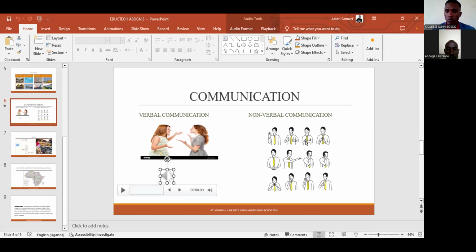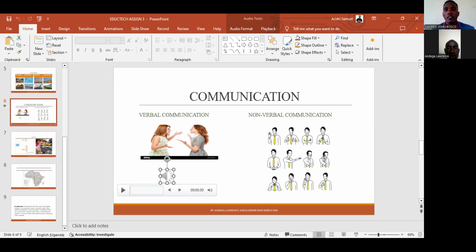Then the other one was stretching, the other one was raising a hand, the other one was sad, especially those two on the left-hand side in the middle. So generally, they are using signs to communicate.